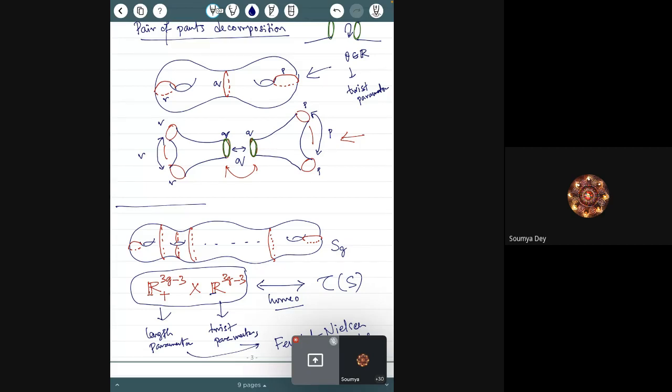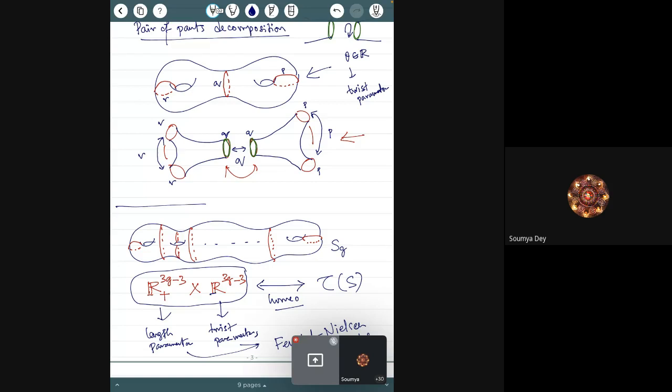So what do we want? We want to parameterize the set of all hyperbolic structures on our topological surface. What do I mean by parameterizing? I mean we want to number them. Somehow we want to give a bijection. To each of them, we are associating a tuple.